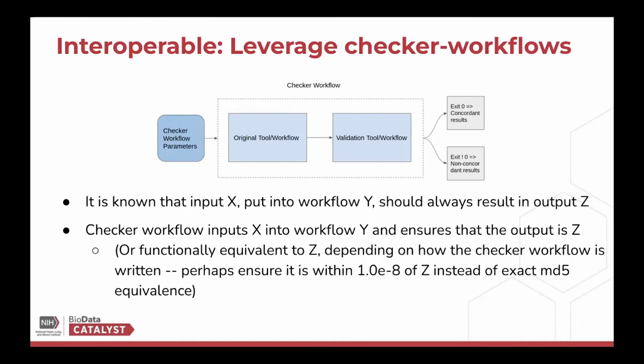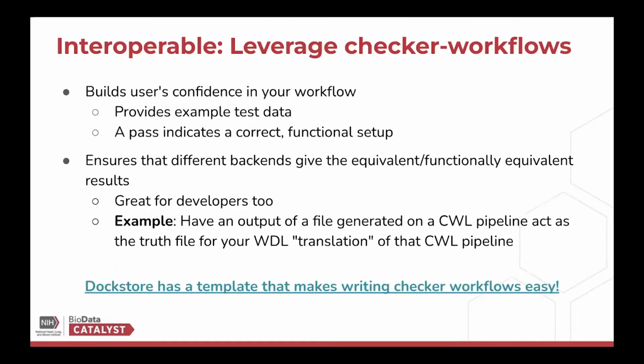Now, this could be anything from, does it have the expected MD5 sum, or it can be a detailed line-by-line comparison of a truth file, the one that you're hoping to match, versus a test file, which is the output you got when running this particular workflow. The actual nature of how you do this will depend on how you write that validation tool in your checker workflow.